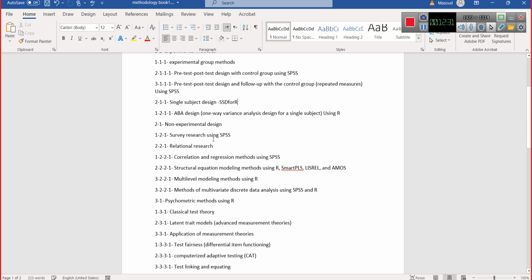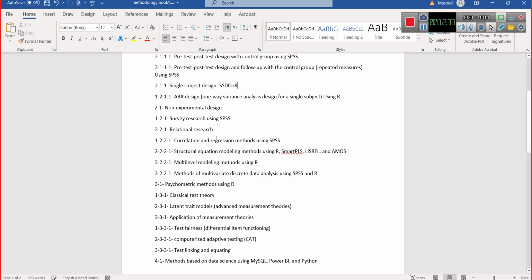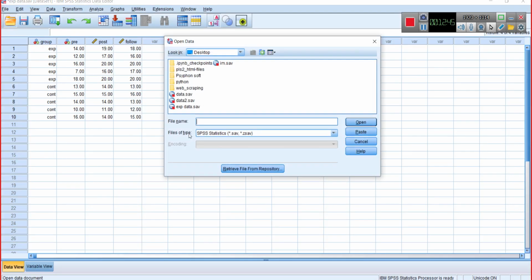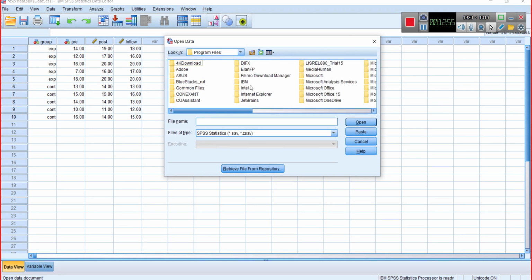So for survey design, it's common that you do some analysis through surveys. For example, in SPSS, you have some sample data for surveys.